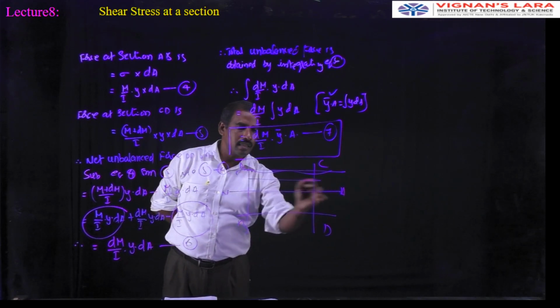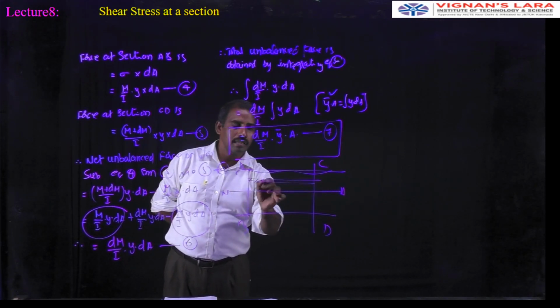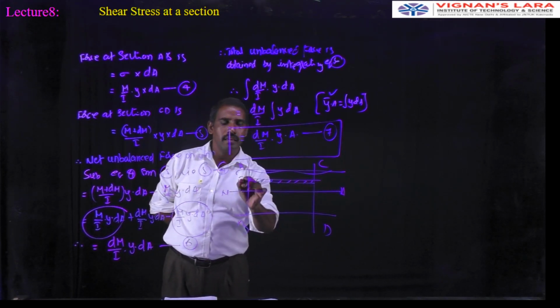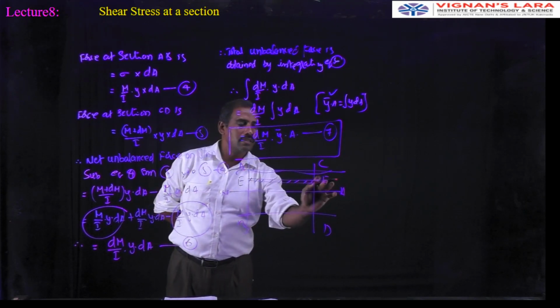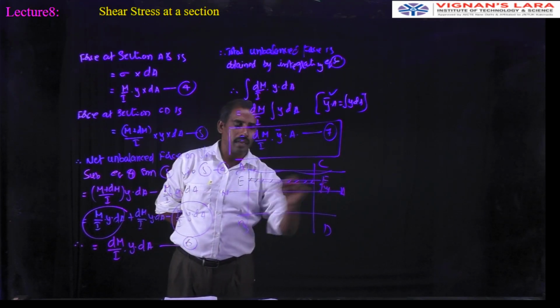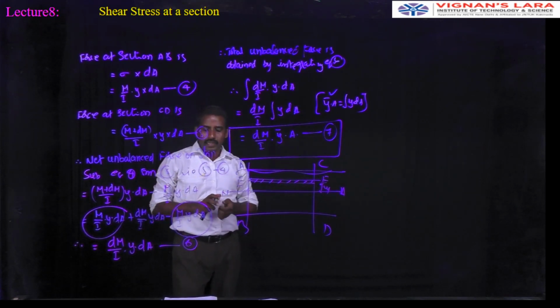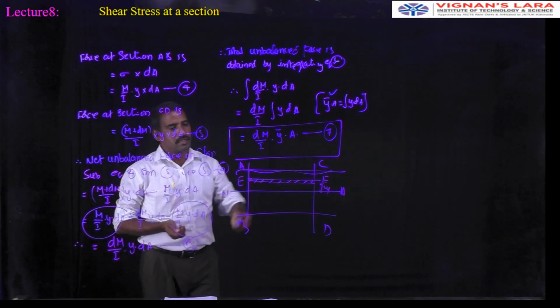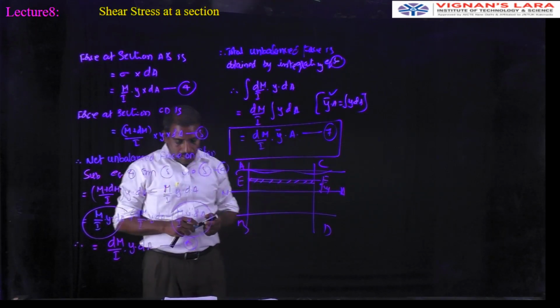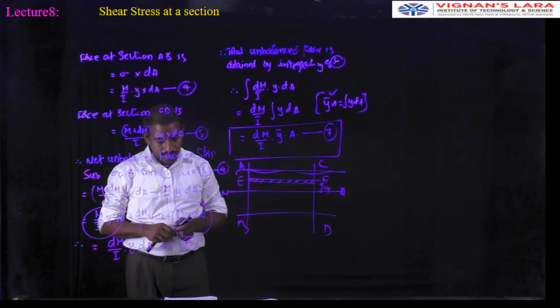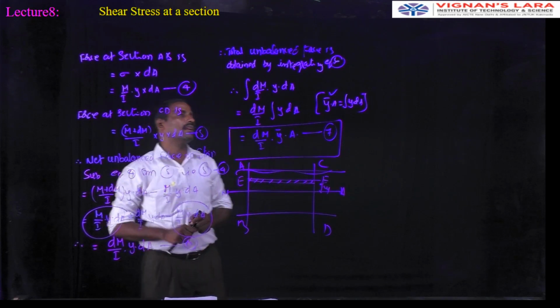This is the layer EF at a distance y from the neutral axis. So the shear resistance or shear force at the level EF is equal to the total unbalanced force.